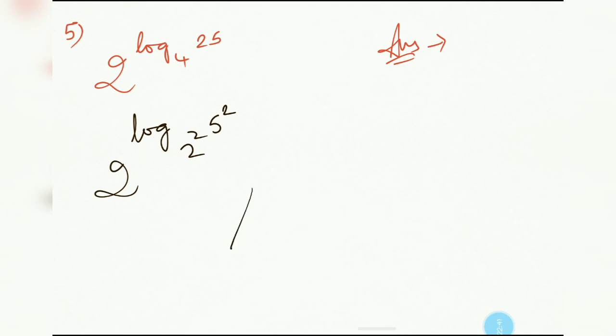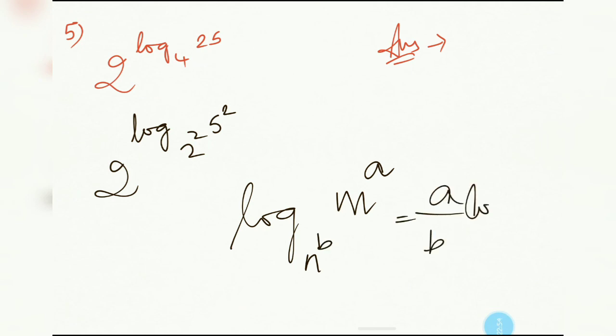Now remember this law, you have to recall this law. Log m to the power a to the base n to the power b is nothing but a by b log m to the base n. Same thing I'm going to do here as well.